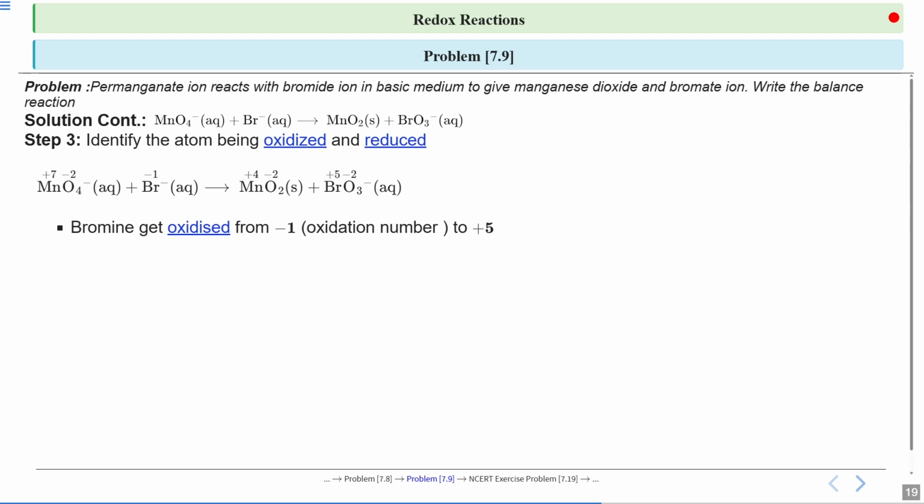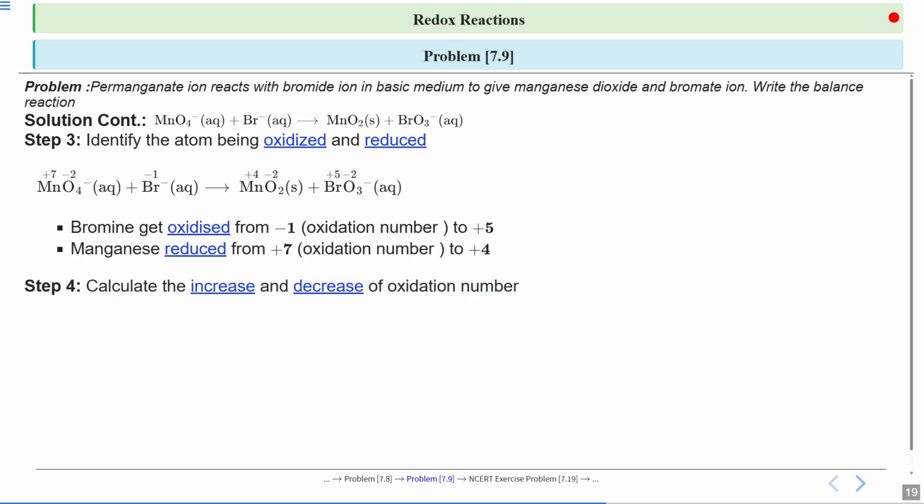Bromine is getting oxidized as its oxidation number has changed from -1 to +5, that means its oxidation number has increased. And manganese has been reduced from +7 to +4. Why? Because the oxidation number has decreased, and a decrease in oxidation number means that reduction has taken place.